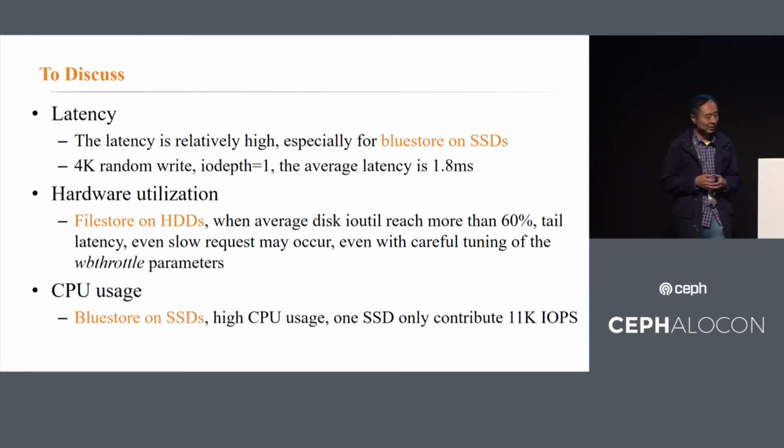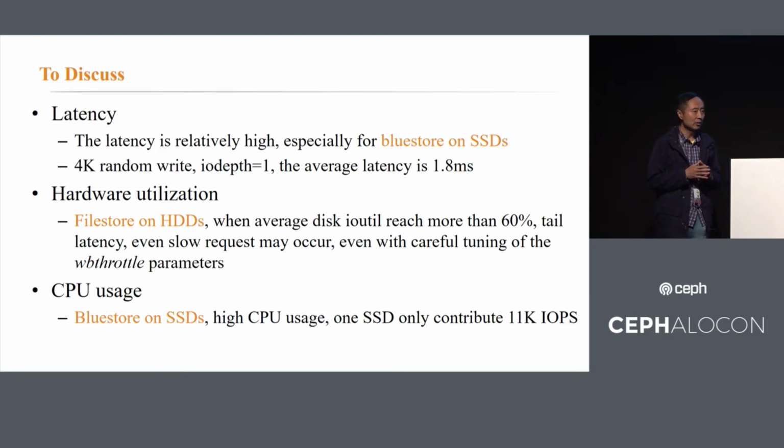And the last one is the CPU usage. For BlueStore on SSDs, the CPU usage is high, and one SSD could only contribute about 11K IOPS, compared to the raw SSD's capability of about 60K IOPS.